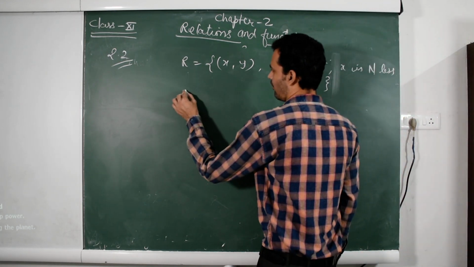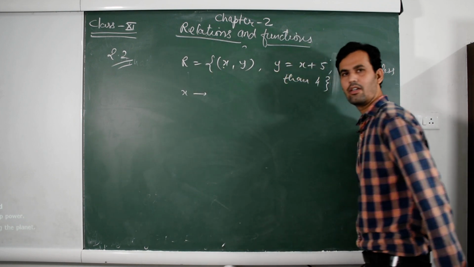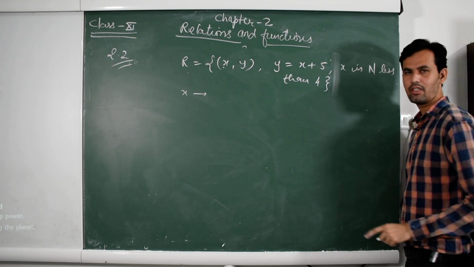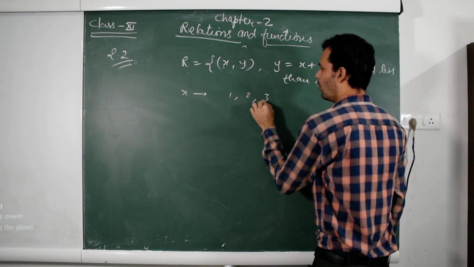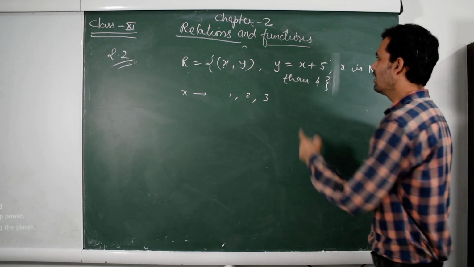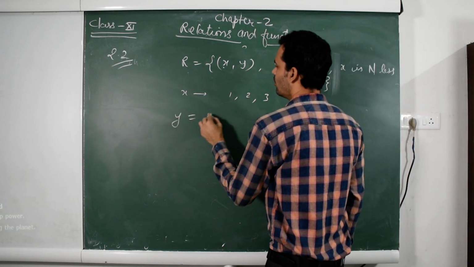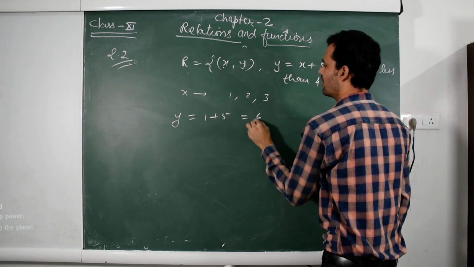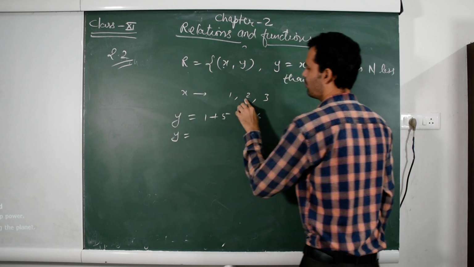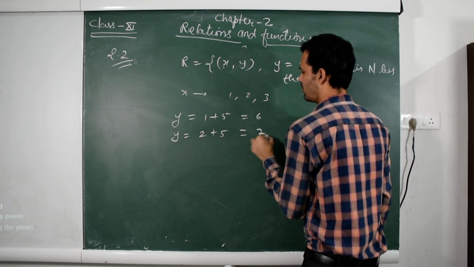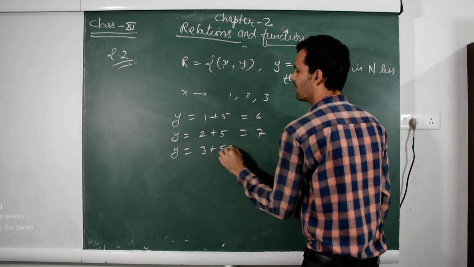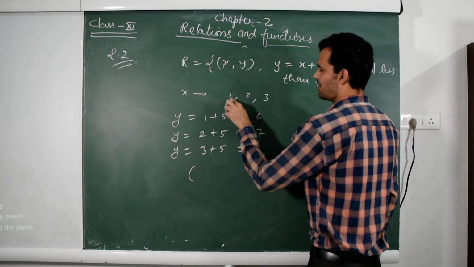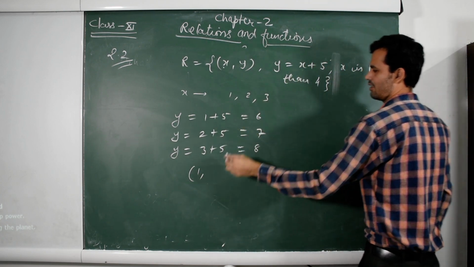The value of x, the first element, is a natural number less than 4. So natural numbers less than 4 are 1, 2, 3. If we put x as 1, we get y as 6.